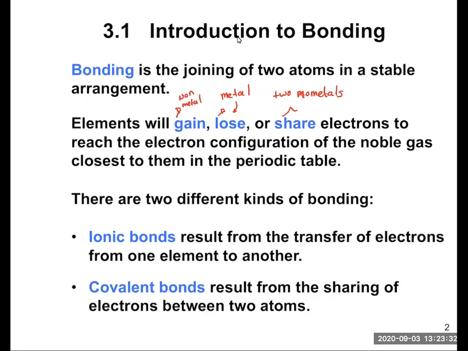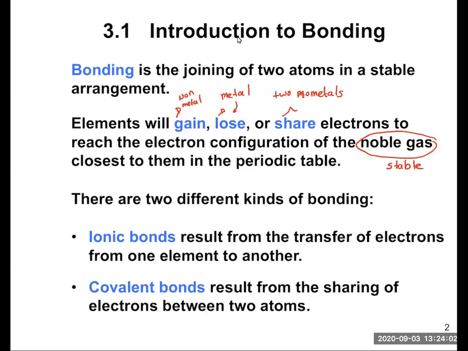Atoms will gain, lose, or share electrons in order to reach the stability of the electron configuration of a noble gas. Noble gases are very stable. So a lot of atoms want to create a bond with another atom in order to have the electron configuration of a noble gas, usually the noble gas that is nearest.